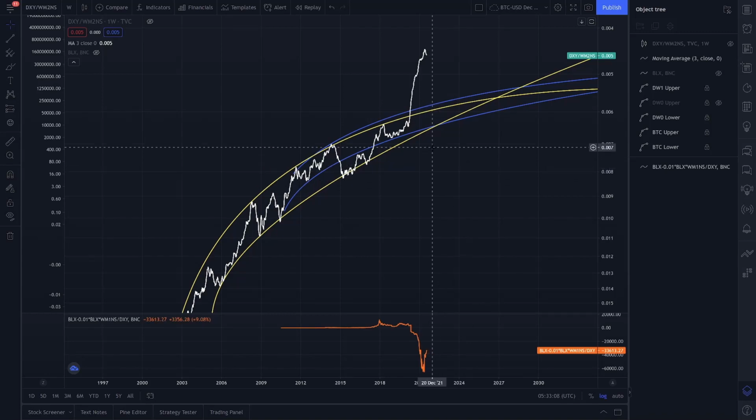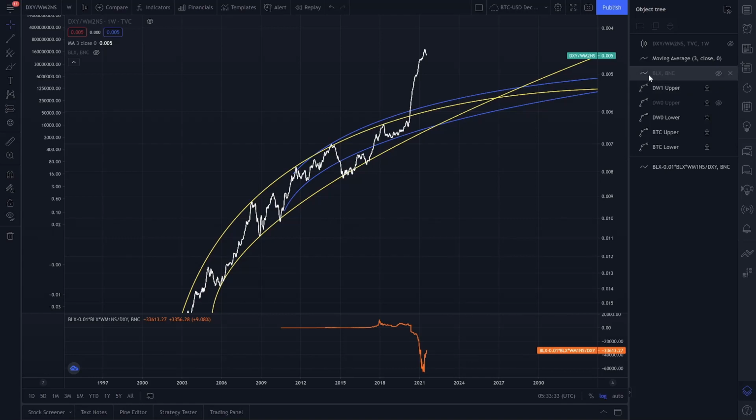So looking at these regression bands, it makes me think that there could be a good deal of explanation to be had about Bitcoin's price action inside of this band for the inherent value of the US dollar.